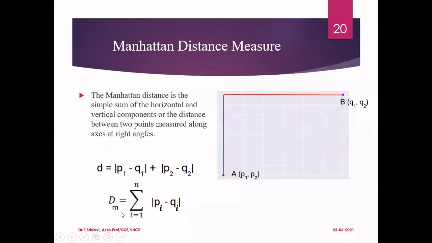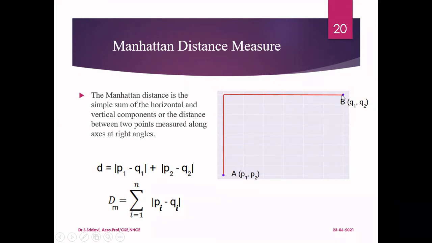So that is the most widely used distance metric. And the second is the Manhattan distance metric. Here, the Manhattan distance metric is going to use the simple sum of horizontal and vertical components. That is nothing but the distance between 2 points measured along axes at right angles. For example, A is the first point, B is the second point.